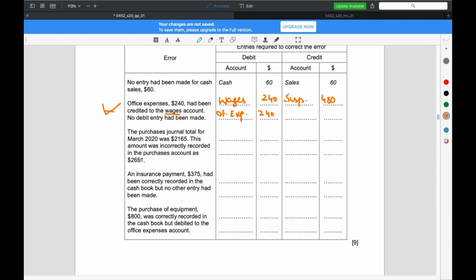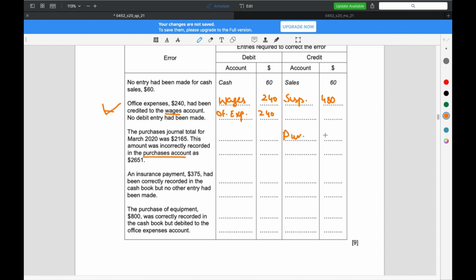So firstly we have to compensate the purchases account, because it's overstated. The purchases account is debit in nature, it's an expense, so we have to credit the purchases account by 486.